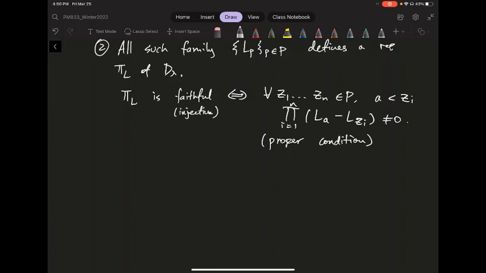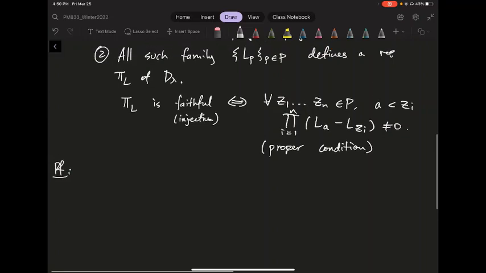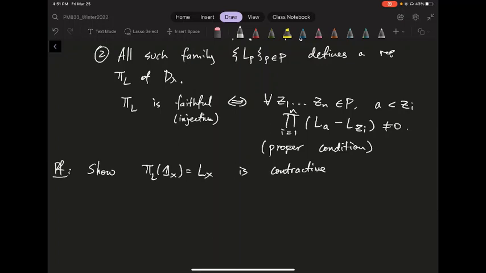The proof of one is basically trivial, so let's just prove two. For the second one, the idea is pretty simple. You want to define your pi_L to map 1_x to L_x. So let's just show that this map is contractive, and that's all you need to show. Once it's contractive, you can extend it to the whole diagonal algebra.